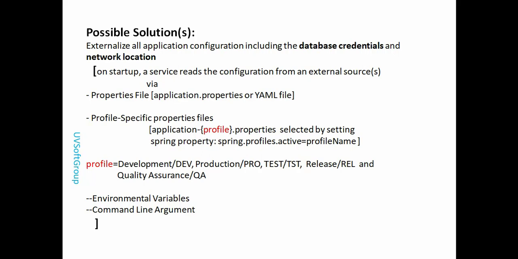You already know the environment variable settings or command line arguments. There are more approaches you can use. We will cover all of them in our development, installation and configuration in a later section of the video.